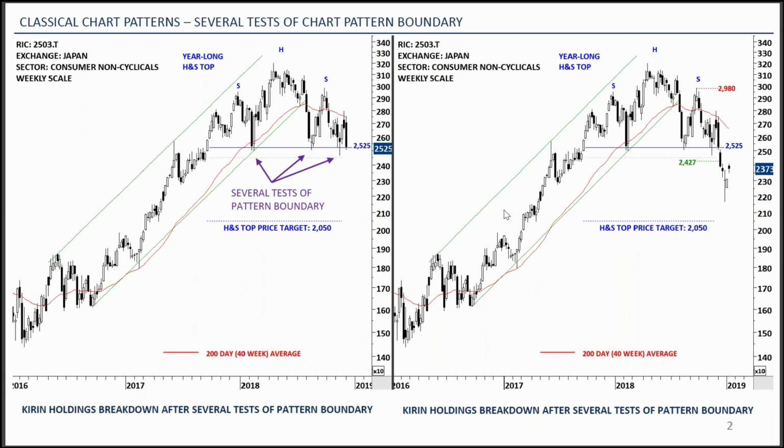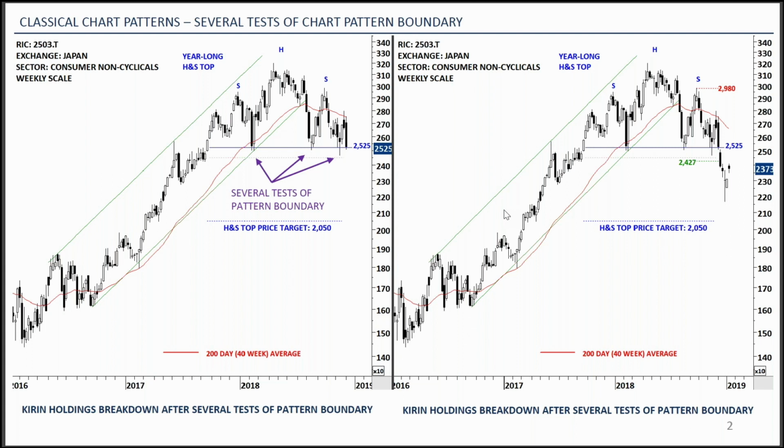Long-term TechCharts members and Twitter followers, social media followers know that I like to draw chart pattern boundaries, horizontal chart pattern boundaries. I like to see several tests of chart pattern boundaries.